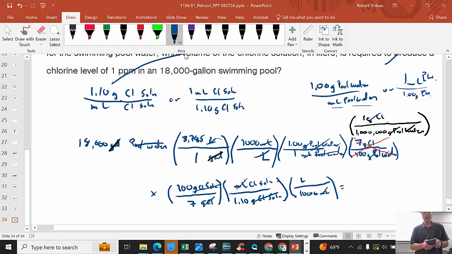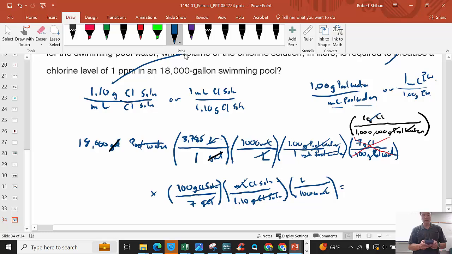It's going to be 18,000 times 3.785 times 1,000. Check and see if you get the same number. Times 1 divided by 1 million. Times 1, I didn't even bother punching that in. Divided by 1 million times 100. Divided by 7.